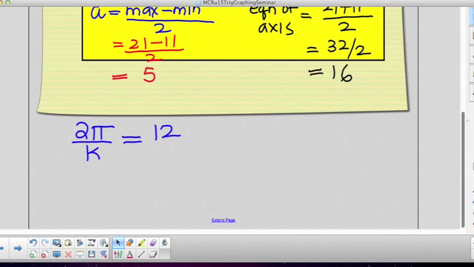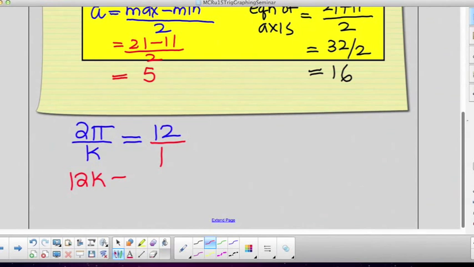If I cross multiply here, I know that 12k is going to be equal to 2 pi. So that means k is going to be equal to 2 pi divided by 12, or we can simplify that to pi over 6.